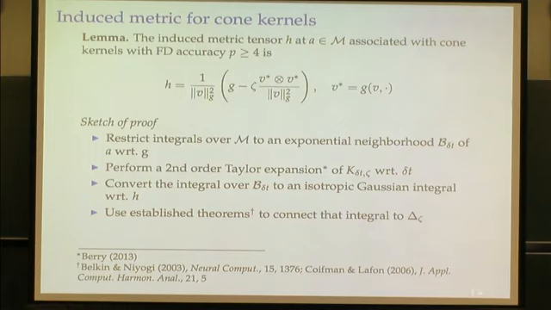This is just to say a couple of words. This derivation, as I mentioned earlier, looks at the Hessian of the kernel. We do a second-order Taylor expansion in an exponential neighborhood at a given base point, and then we perform a change of coordinates to revert back to an anisotropic Gaussian kernel and use the results of Coifman and Lafon and Belkin and Niyogi to make the connection with the corresponding diffusion operator.